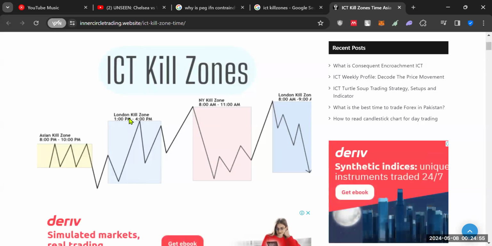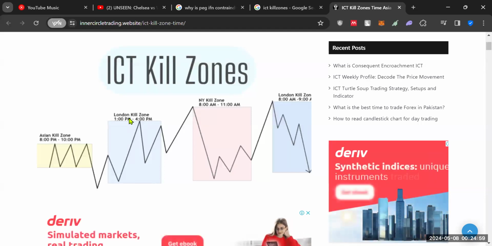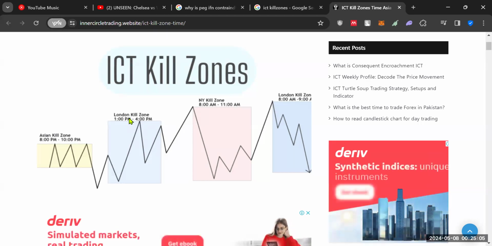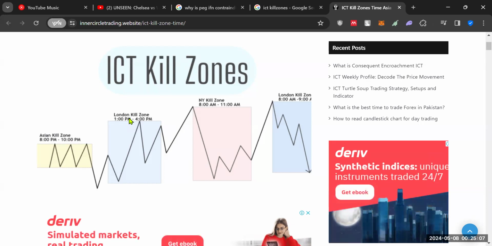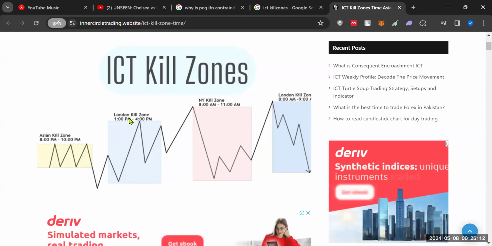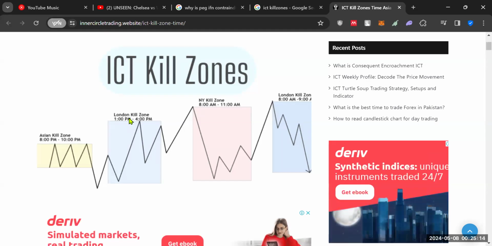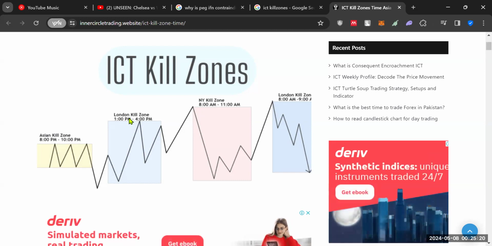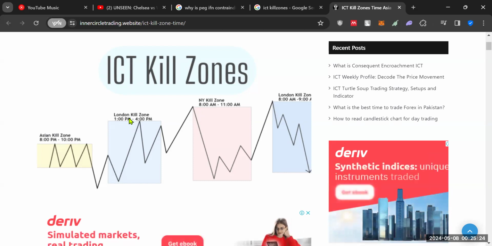And I know that between 4 p.m. and 6 p.m. is my own London closing kill zone. There are indicators for this. If you search TradingView for kill zone indicators, the times would come out clearly, and you're able to see that there's usually an injection of volatility in the markets.